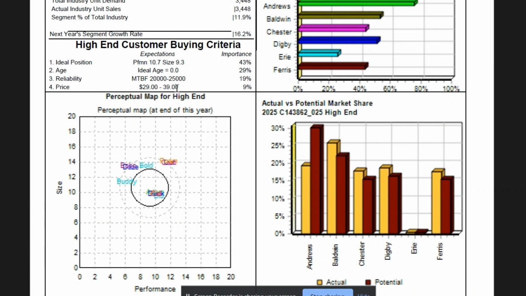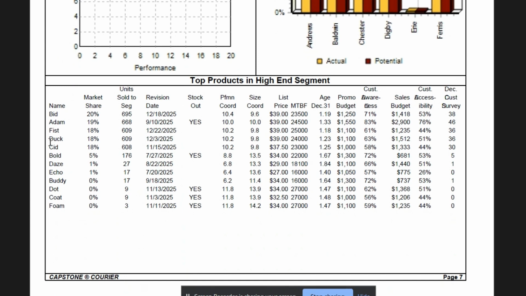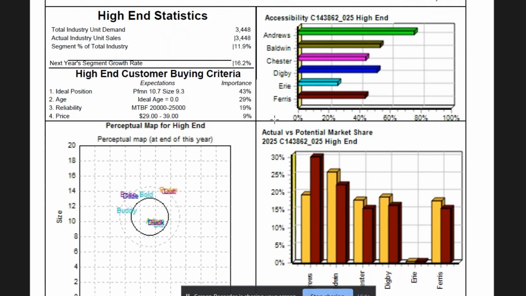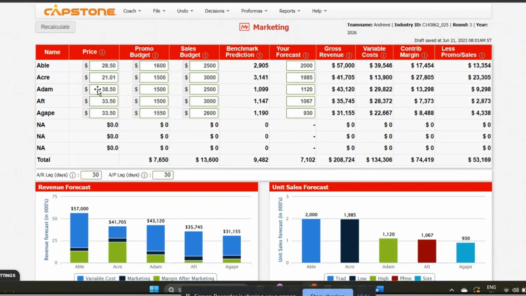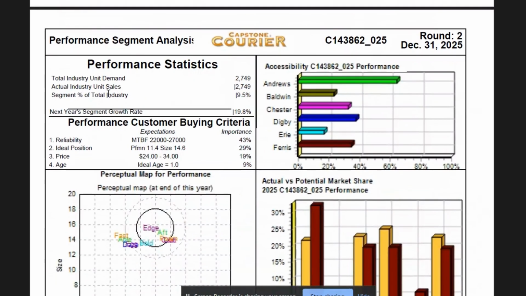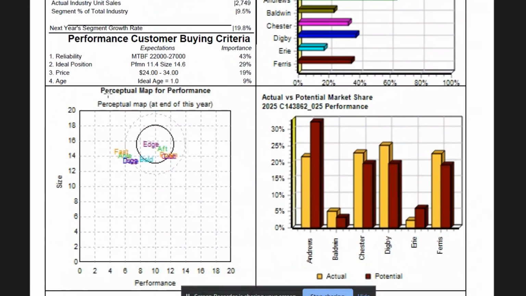What I insist you to do is to keep it around 50 cents lesser than the higher limit, that is 38.50 is what you can keep, but still you want to see the prices of the competitors, how much they have priced their products at, and take a decision accordingly. So for the high end segment for round 3, I have kept the price as 38.50.